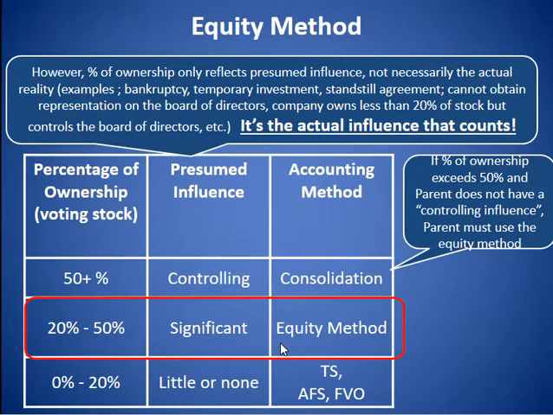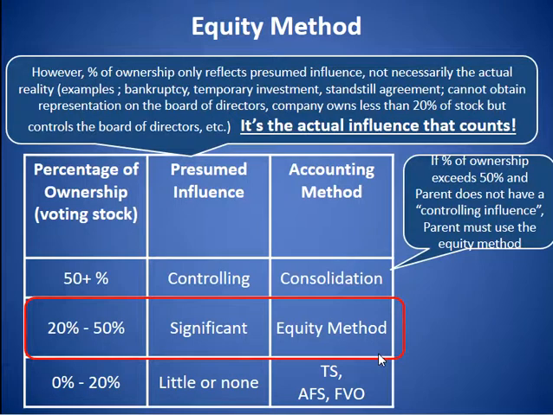Now, what we're really interested in here is where we're talking about percentage of ownership between 20 and 50%. The presumed influence under 20 to 50% is that the investor company has a significant influence over the investee company, and typically we use the equity method in accounting.